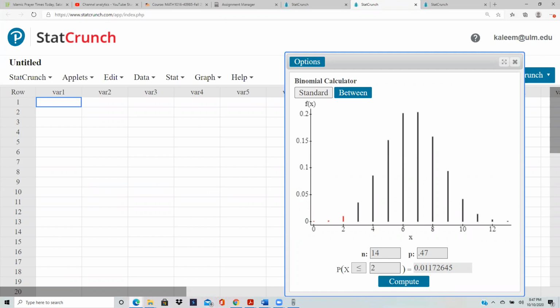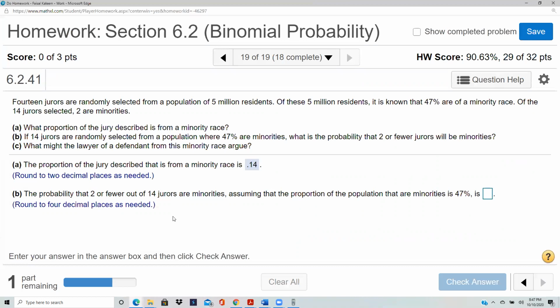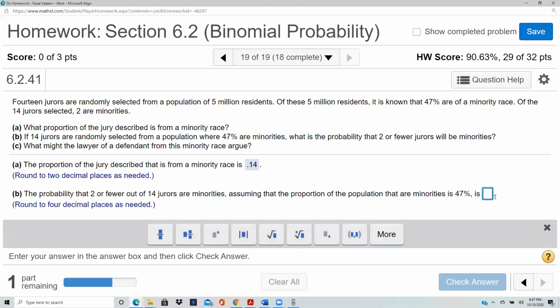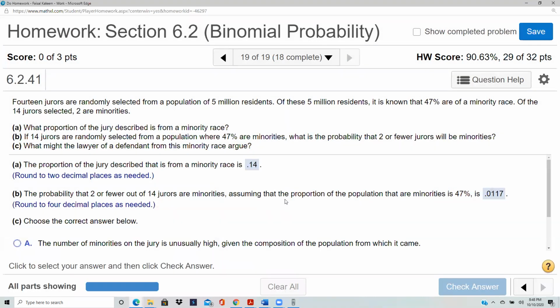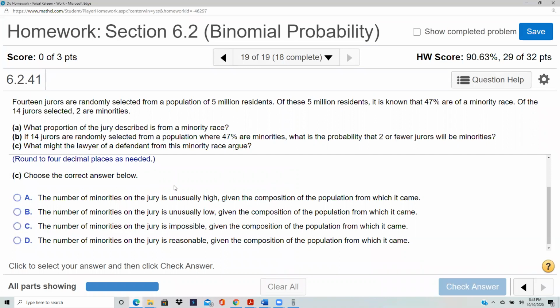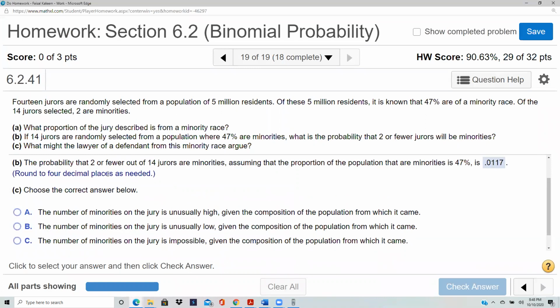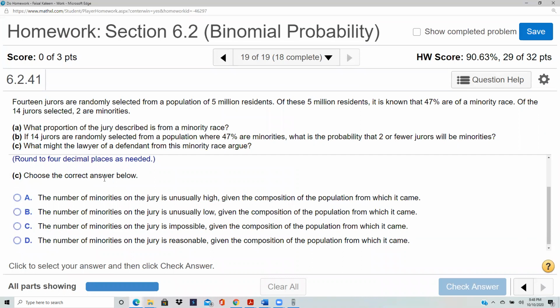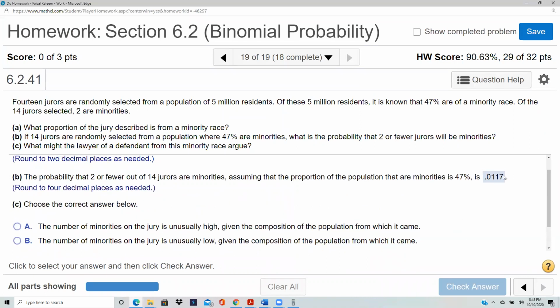0.0117. Choose the correct answer below. Okay. So now this is an unusually low number, 0.0117.